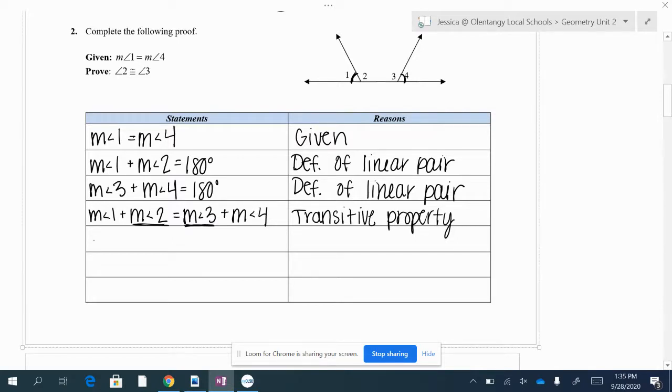I'm just going to replace measure of angle 4 here. So that changed, and I'm replacing that because of my first line. And then the rest of it is going to stay the same. Okay, and then I see that measure of angle 4 is on both sides, so I can go ahead and subtract that. Oh, that was substitution.